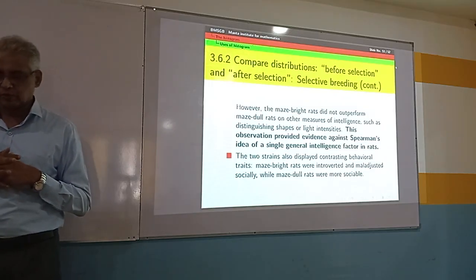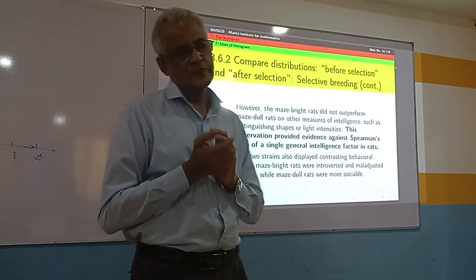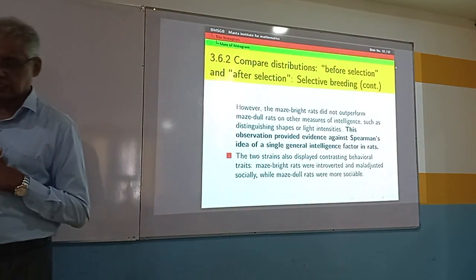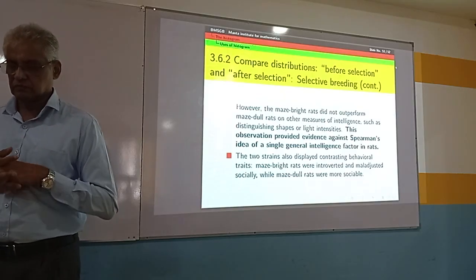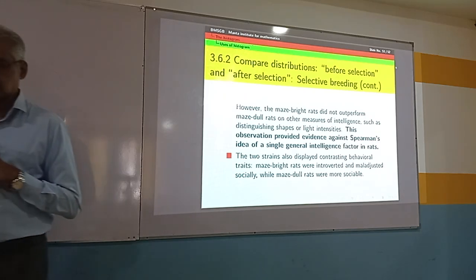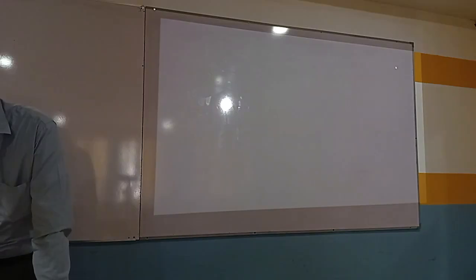The book doesn't talk about that. Here we only talk about a special graph called the histogram, which is mainly suitable for continuous variables. And then we discussed two examples particularly where the histogram was useful.